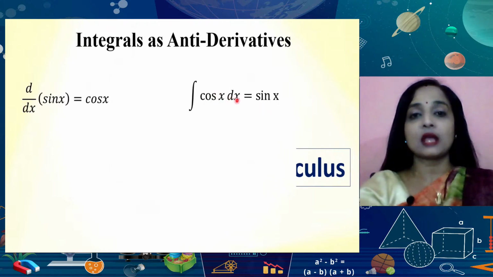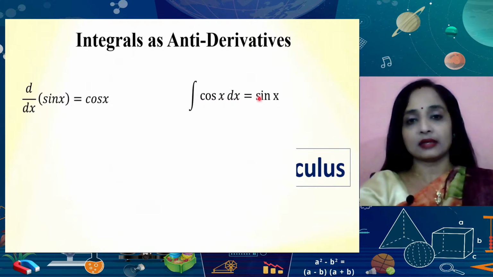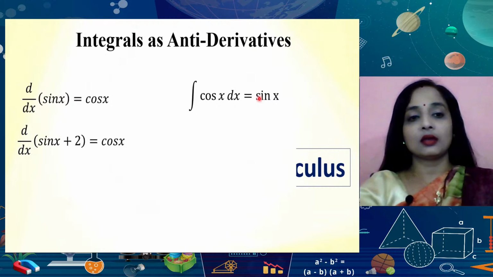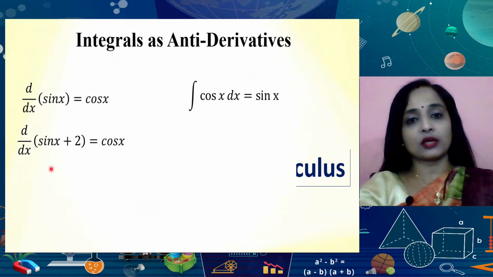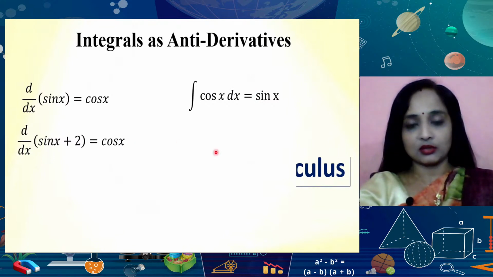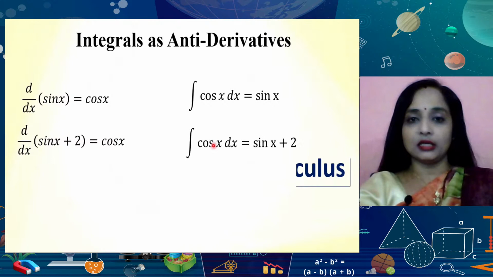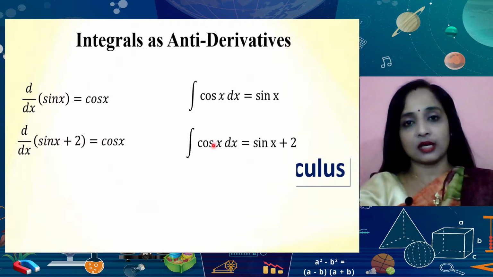This shows integration with respect to the variable x. So the integral of cos x with respect to x is sin x. This is called the antiderivative. Now what about this function? The derivative of sin x plus 2 with respect to x is also cos x. That means the integral of cos x can also be sin x plus 2.